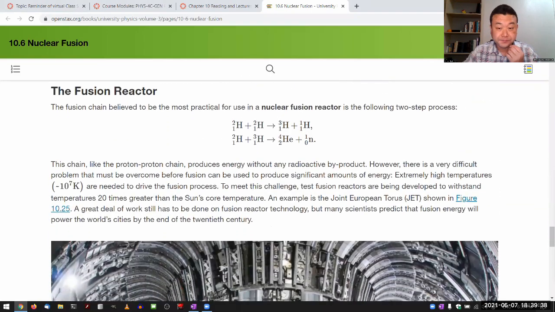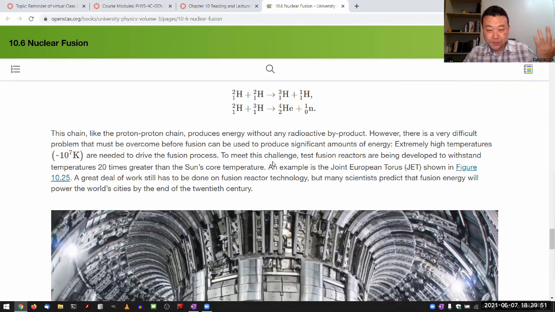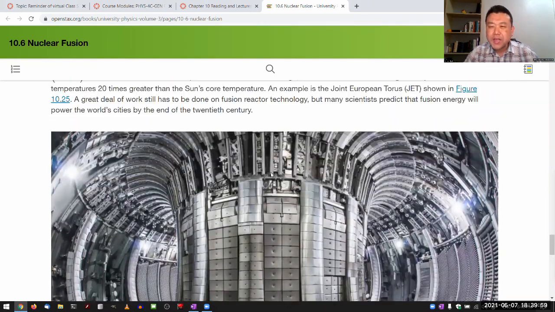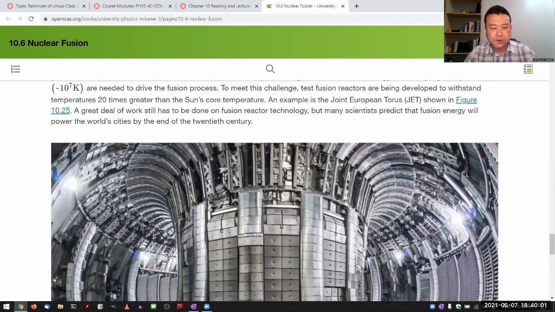So there is a fusion chain believed to be most practical for use in a nuclear fusion reactor. And here, we are kind of cheating, starting out with deuterium instead of hydrogen, so that we have a shorter chain. And people have been doing research on devices like this. I think ITER is the name of the collaboration that does work on this.